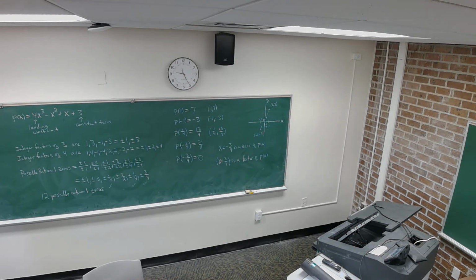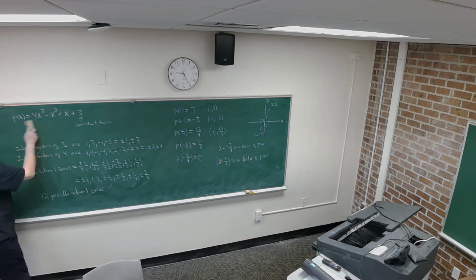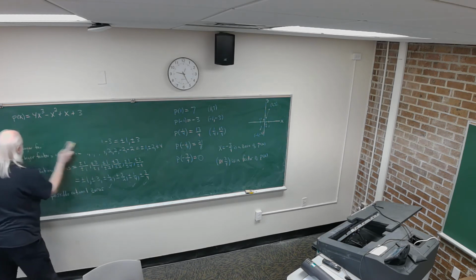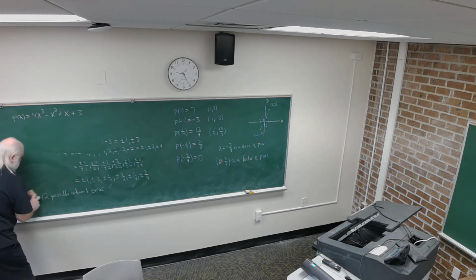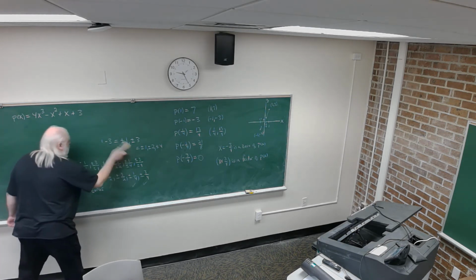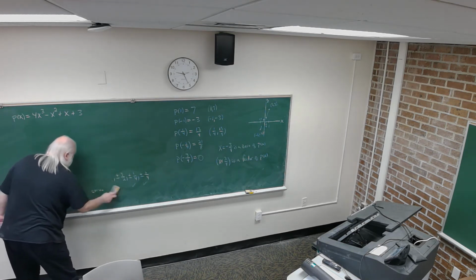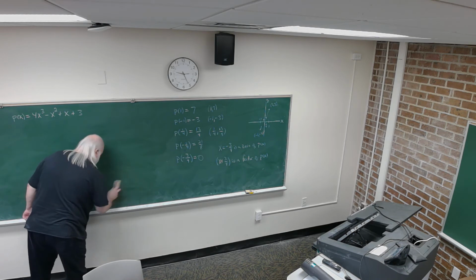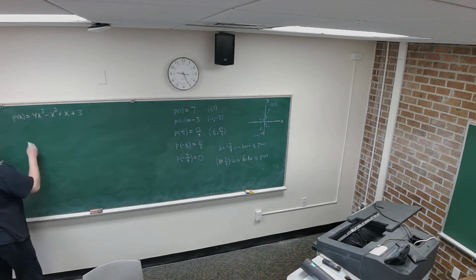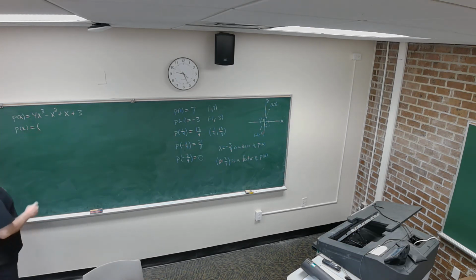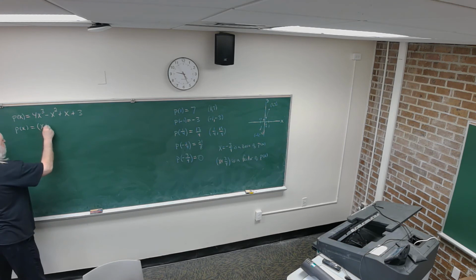Okay. Can I erase this to the left? So what remains isn't really that bad because it's what we've already been doing. So P of X, the right-hand side, has X plus 3/4 as a factor.